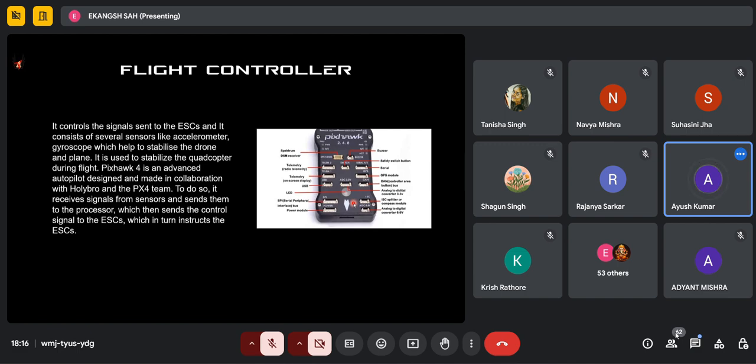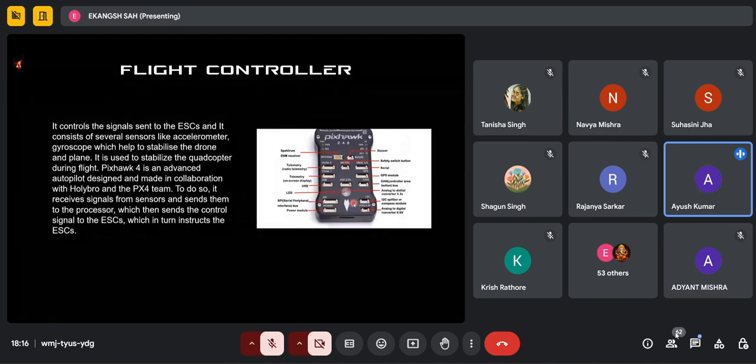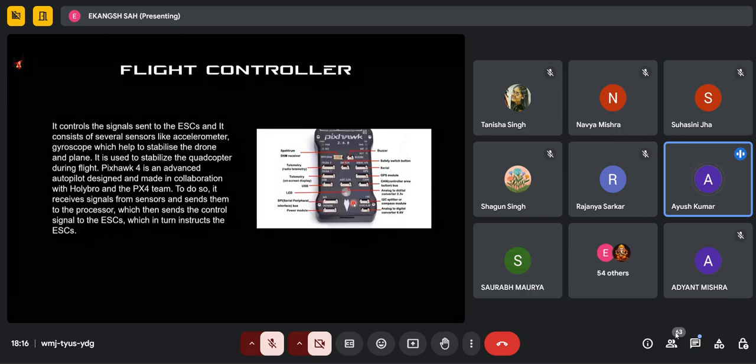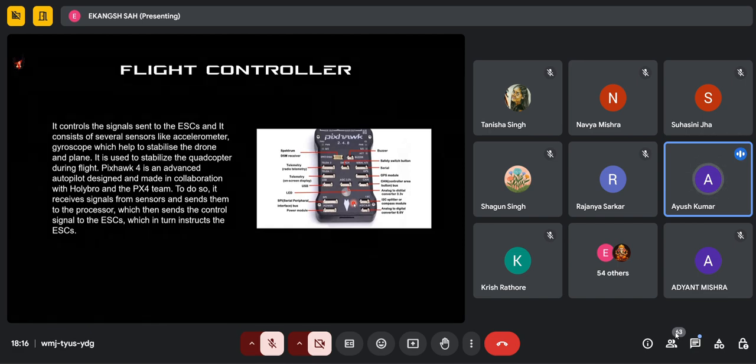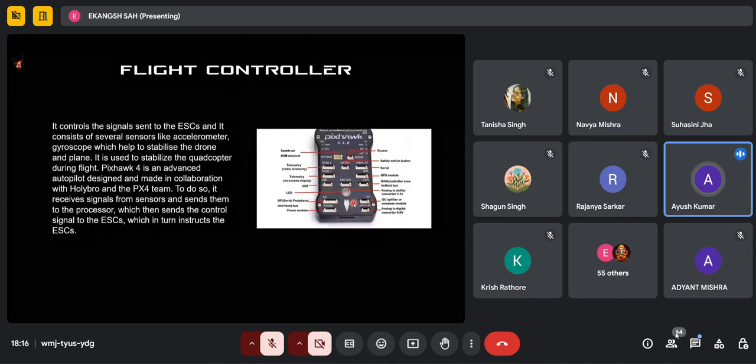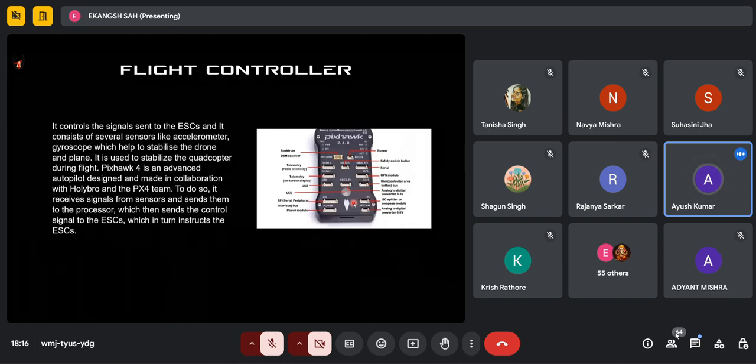It gives an alert in case of low battery or loss of signal. Then there is a safety switch button, which can be used for return home in case of signal loss, and then there is a GPS module for location verification.